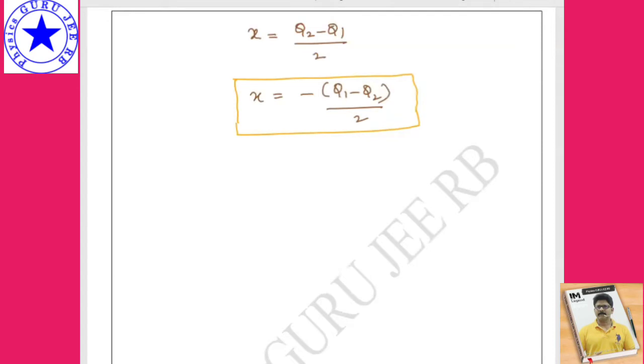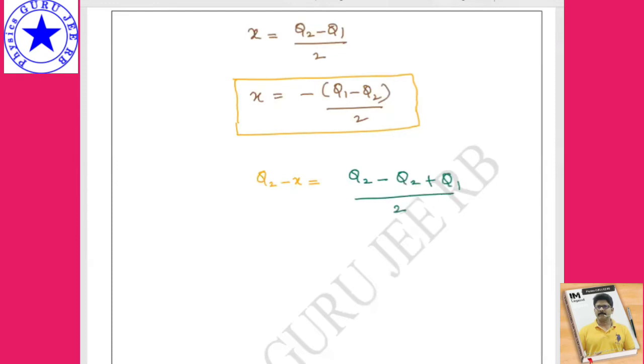That is a charge on the q2 minus x we require. So if I want to calculate q2 minus x, now q2 minus x is q2 minus of minus q1 divided by 2. Is it clear?